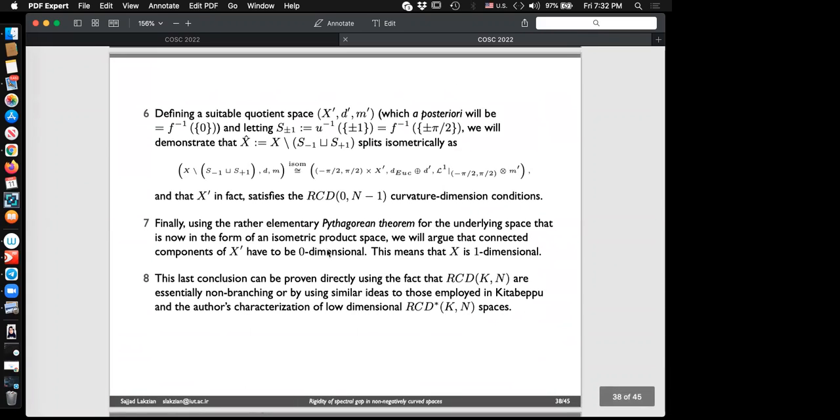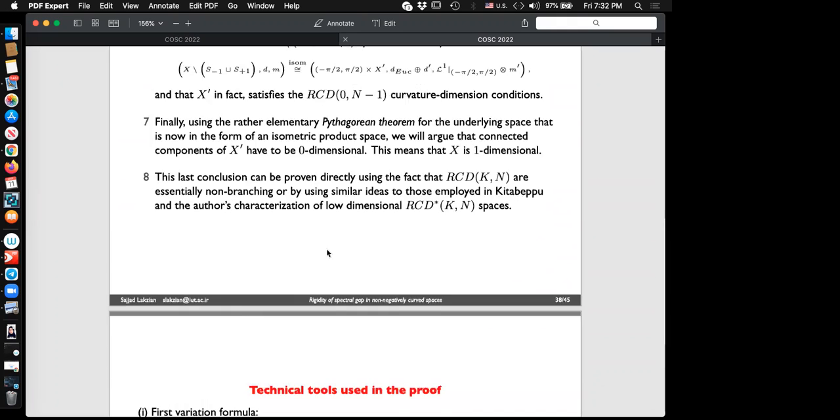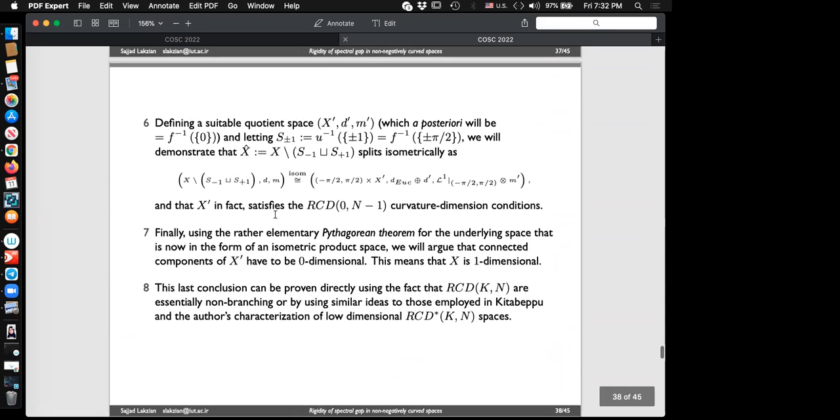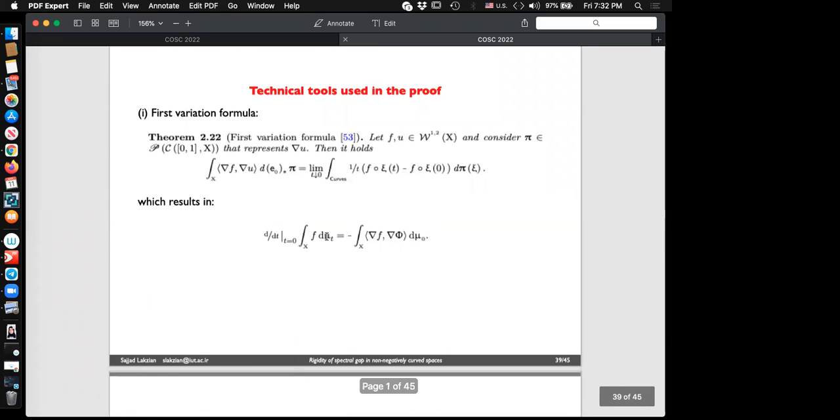The other steps are basically similar to the smooth case: reduce the space to an isometric product, and then use a diameter argument to say that the space has to be a zero-dimensional fiber times a lower-dimensional fiber, and that's the idea of rigidity. But the tools you use here are very delicate, because you have no regularity to work with.